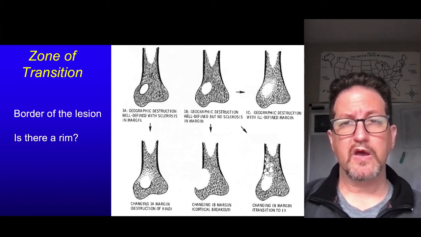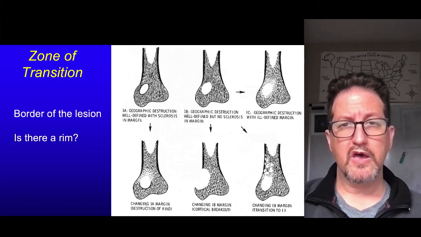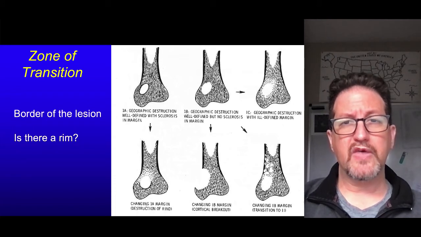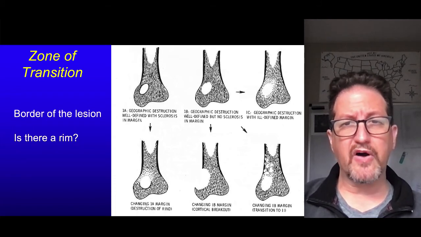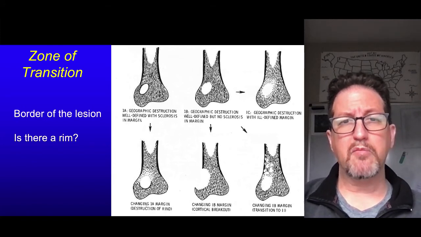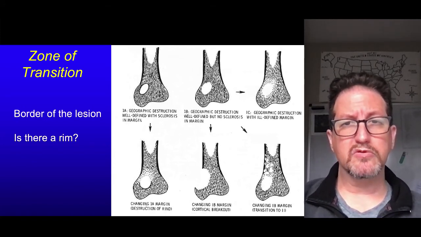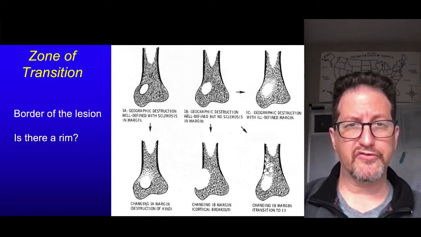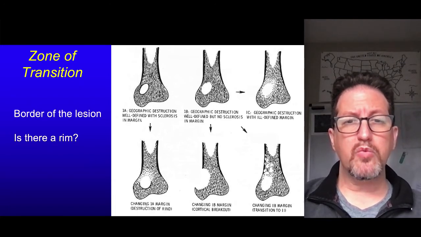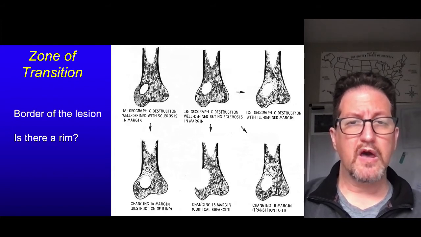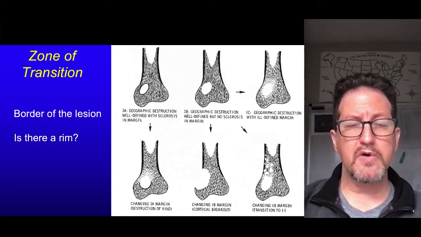And then the top right shows an even faster growing lesion, where you can still kind of see where the lesion is, but the margin is much less defined than previously. And that's telling you it's moving even a little faster than before. The other one that I would suggest you take a look at is the bottom middle image.